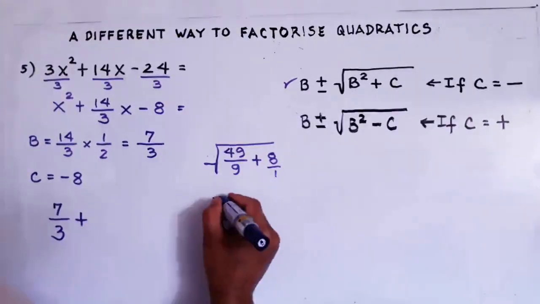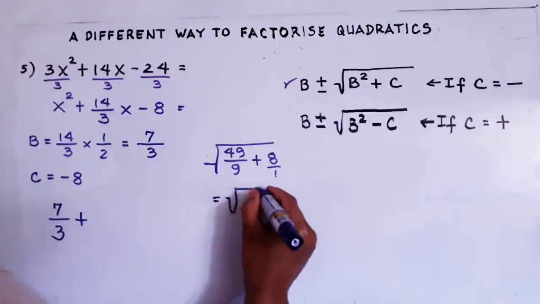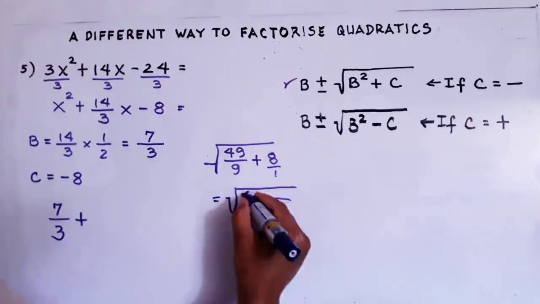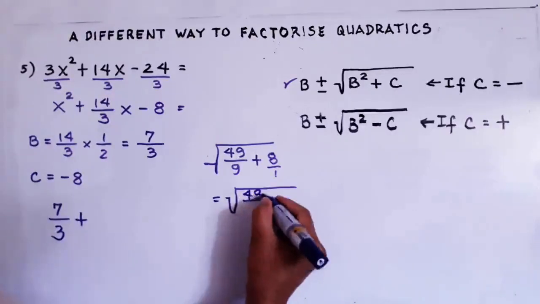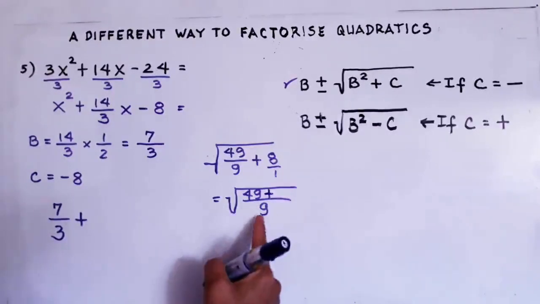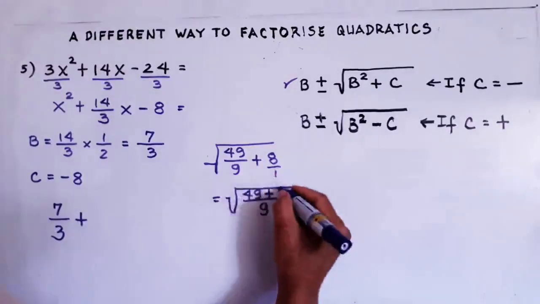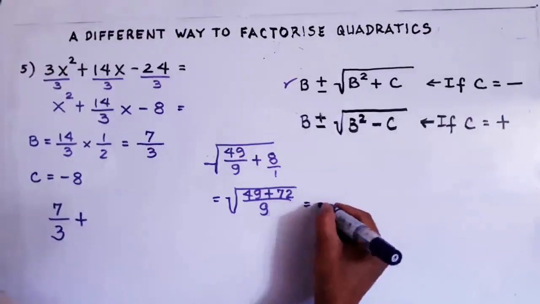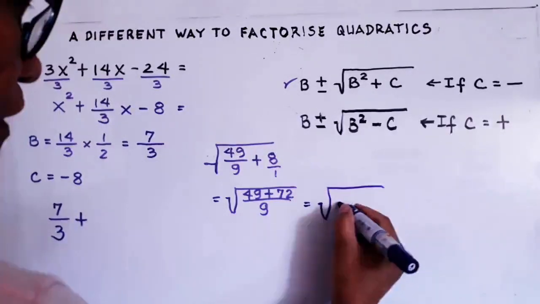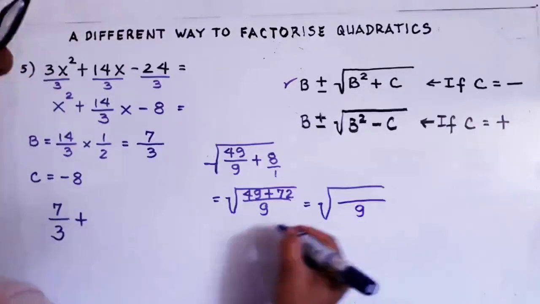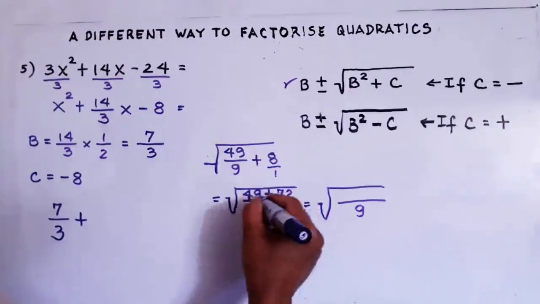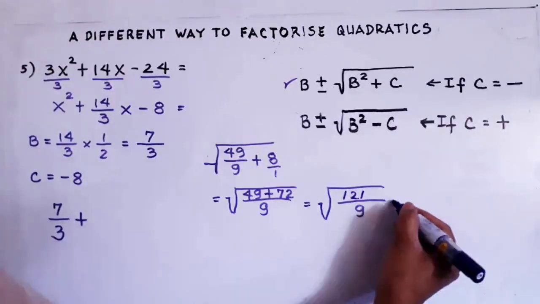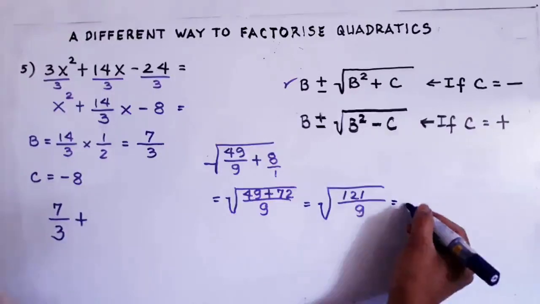Now here we're going to have the LCD, which is 9. The 49 is still 49, plus 9 over 1, 9 times 8 is 72. We add, the 9 is still 9, and 49 plus 72 is 121.